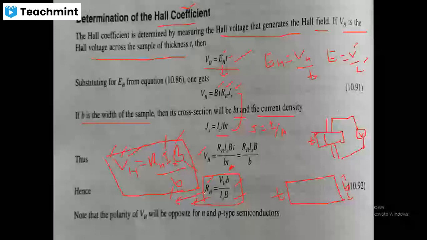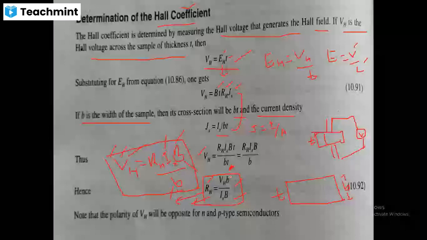If this RH is positive, we say that the given conductor is of P type. So by knowing the value of RH, we can tell the type of the given semiconductor. If RH is negative, the given semiconductor is N type. If RH is positive, the given semiconductor is P type.